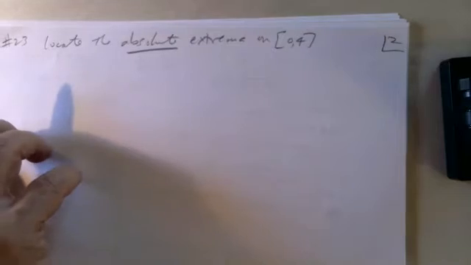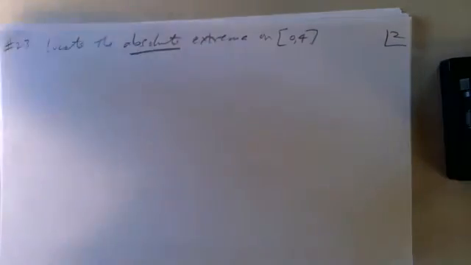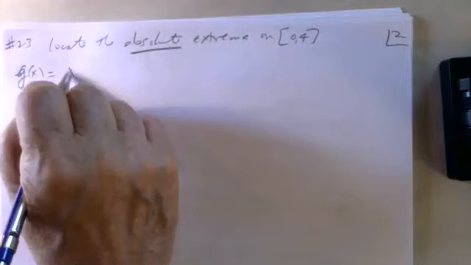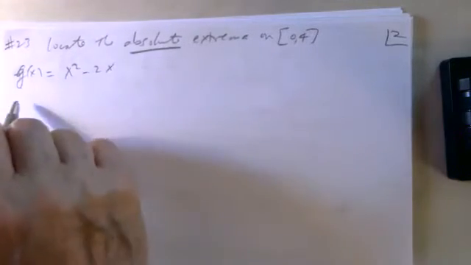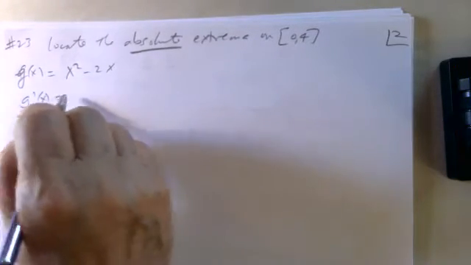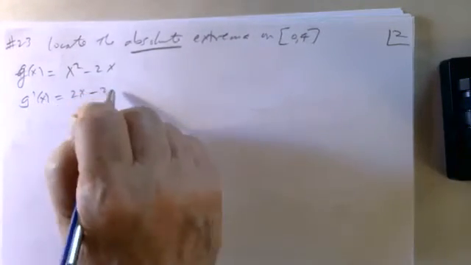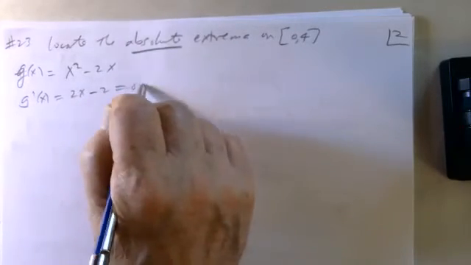So the absolute extrema occur either at a critical number or at one of the endpoints on the interval. And the function is g of x equals x squared minus 2x. The derivative is 2x minus 2, and that's equal to 0 when x equals 1.